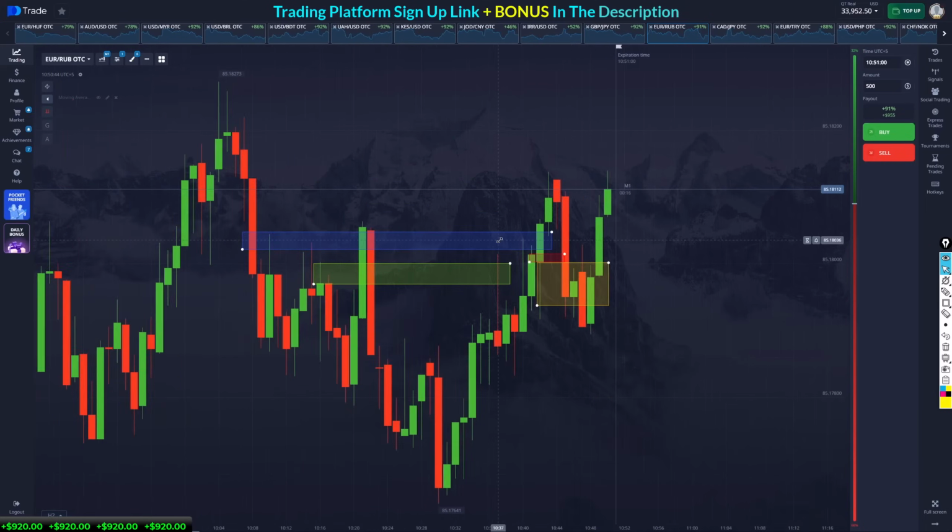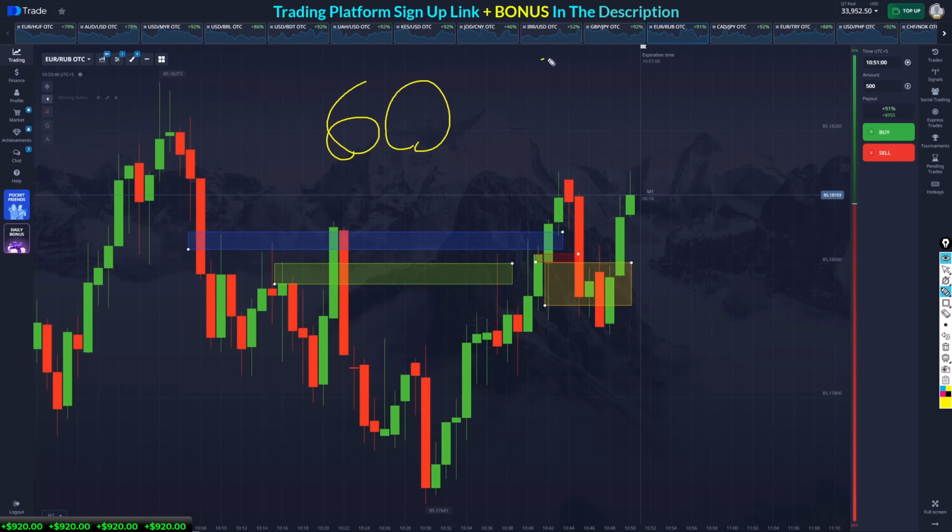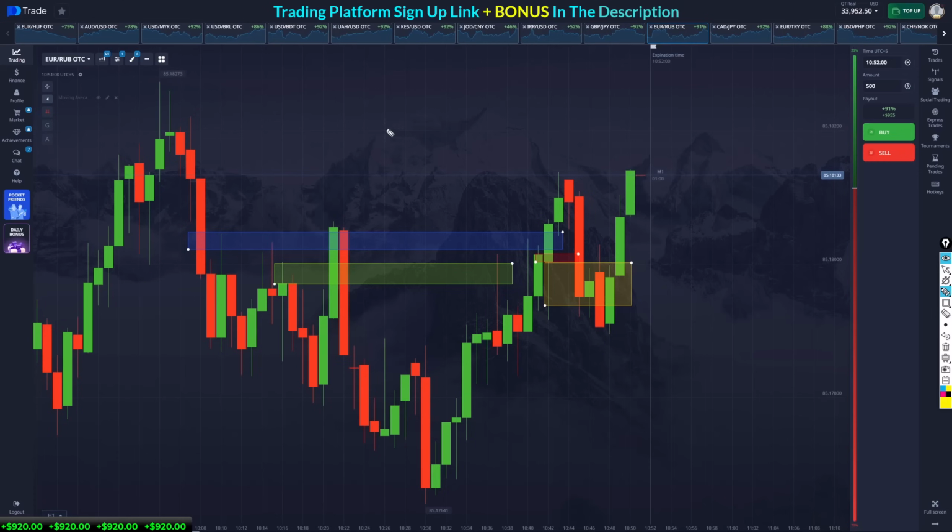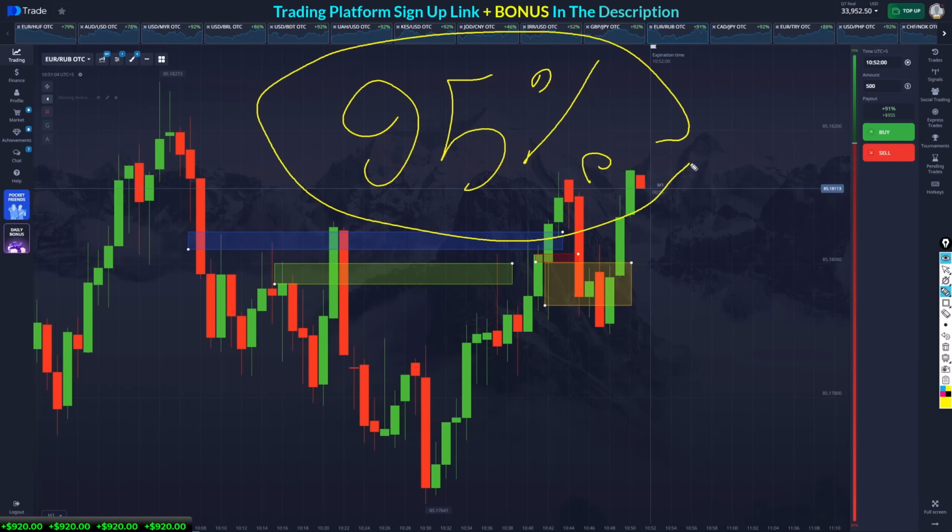If you're a good trader, you can make money with a 60% winning ratio. If you're a bad trader, an inexperienced trader, let's say, we don't have a bad trader. We have highly experienced traders and low experienced traders or beginners. If you're a beginner, you will lose money with a 95% winning ratio strategy.